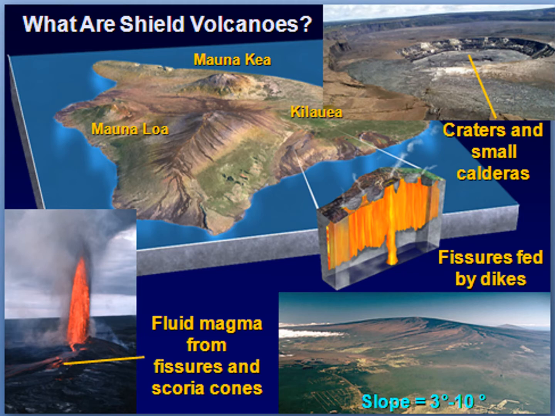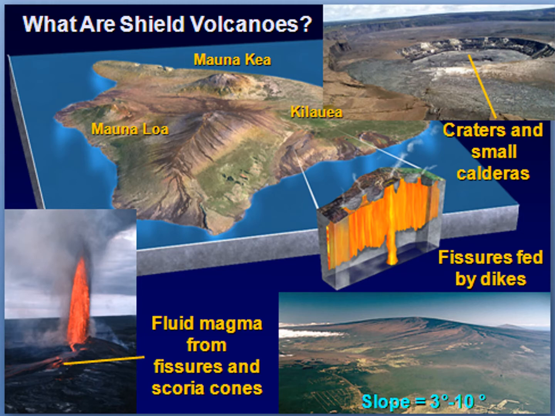In the little inset drawing there, that's kind of neat because it shows how the structure of these big, broad shield volcanoes is built. And it has a lot to do with the low viscosity of this magma. Gases can easily escape. The magma can easily escape to the surface through multiple vents, fissures.